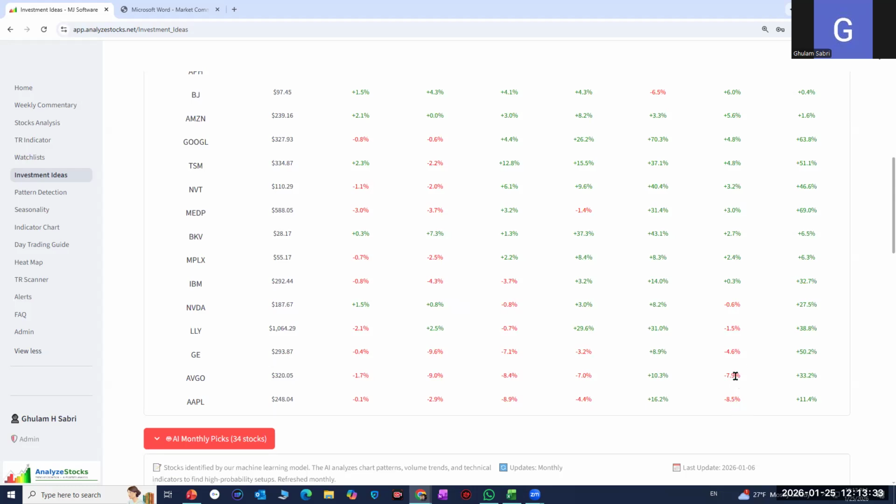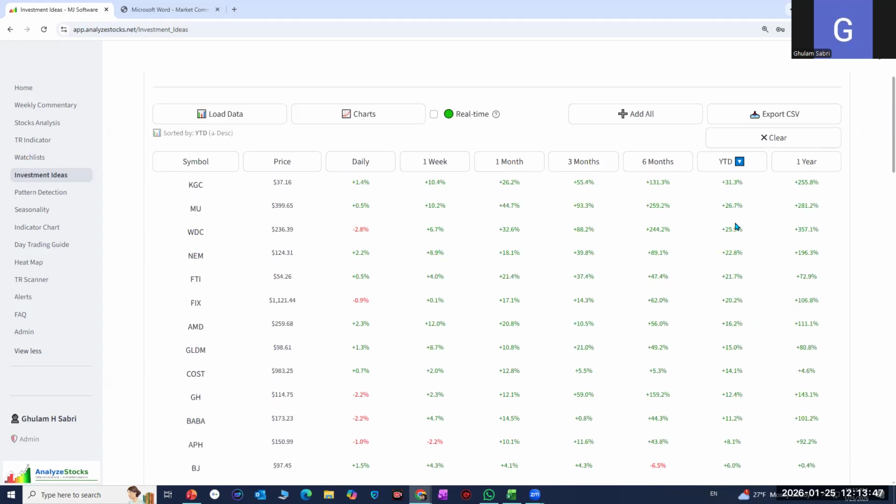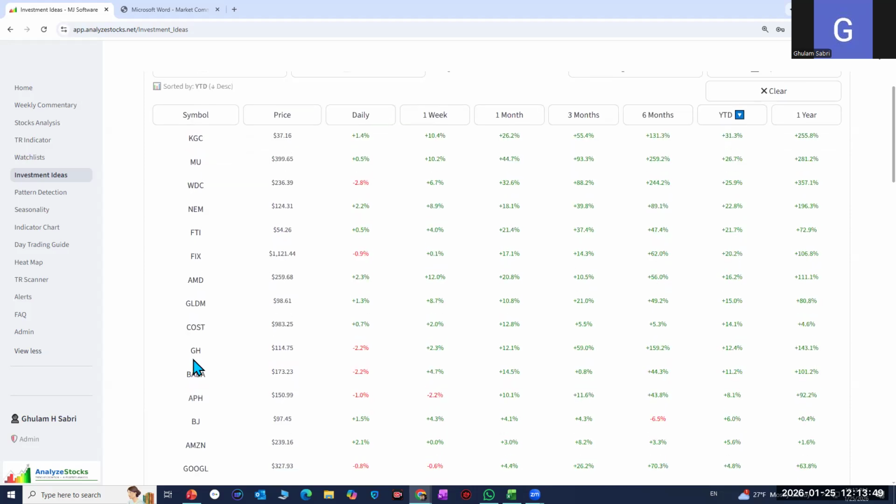They are still in our list because we can jump back in anytime, being long-term stocks. The long-term ones did not really do very well during the first month, January. But besides that, all the others have done very well, including gold. Costco, two weeks ago, has given 14% in this year alone.